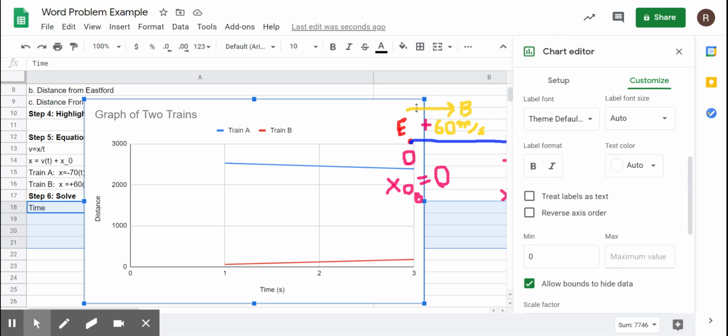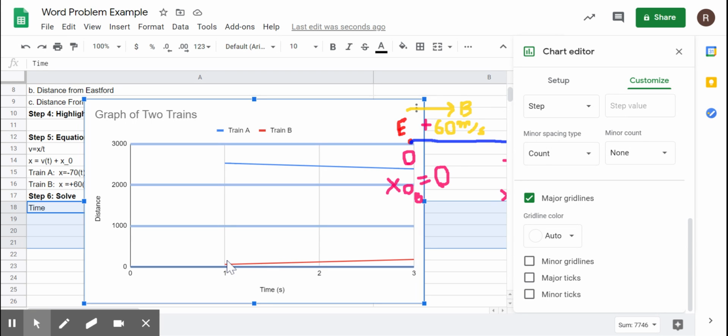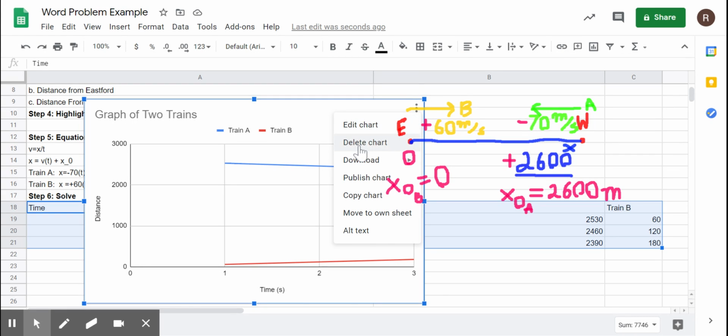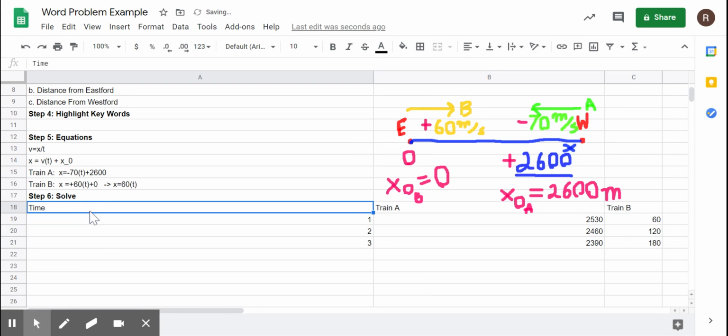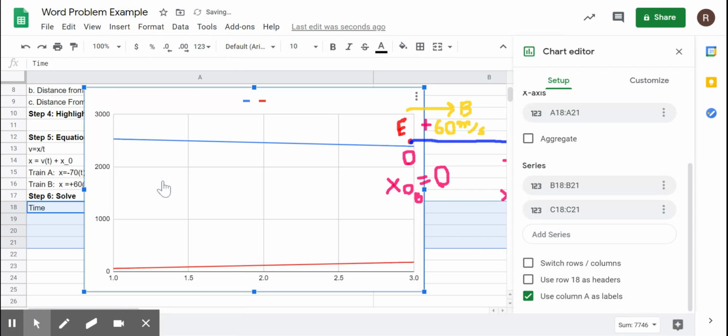Okay, there we go. You see, the thing is, they don't start at 1 second. Okay, now I'm frustrated. I'm going to start again. You see, that is still not accurate. Okay, I'll be right back.